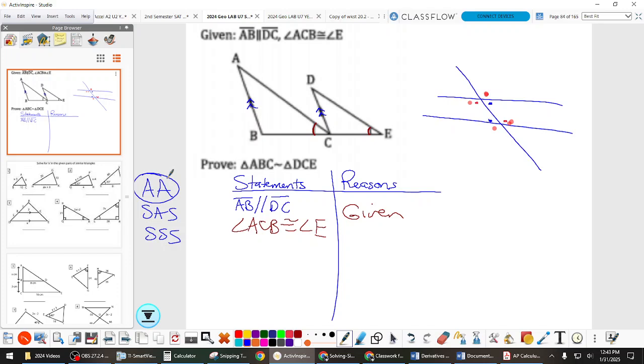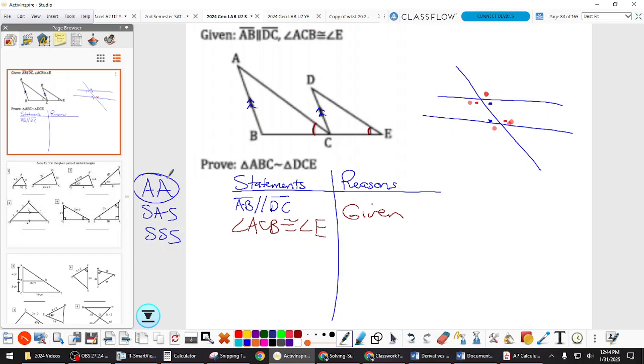Because we know nothing about sides at all. We don't know side lengths. We don't know proportionality. There's no way to do it that way. So angle is the only potential option. Well, we have one angle, so we're halfway there. What else do we need to finish? We need another angle.